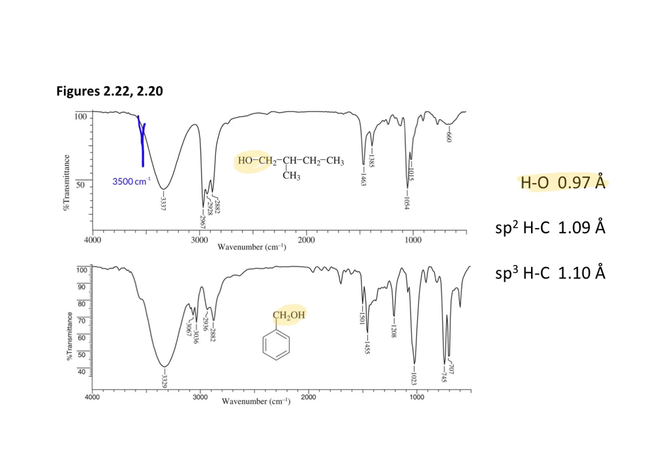But for neat or pure samples, hydrogen bonding between alcohol molecules decreases the bond strength and increases the bond length, which shows up in a slightly lower frequency stretch. In 2-methyl-1-butanol, we also see sp3 hydrogen-carbon stretches, whereas in benzyl alcohol, we see both the sp2 hydrogen-carbon stretches and the sp3 hydrogen-carbon stretches.